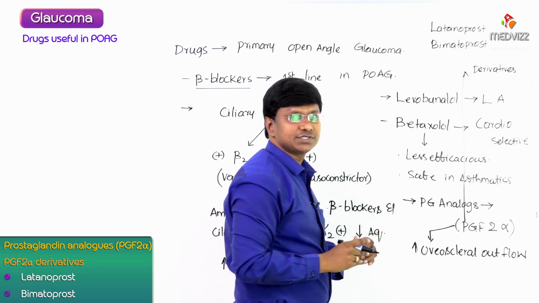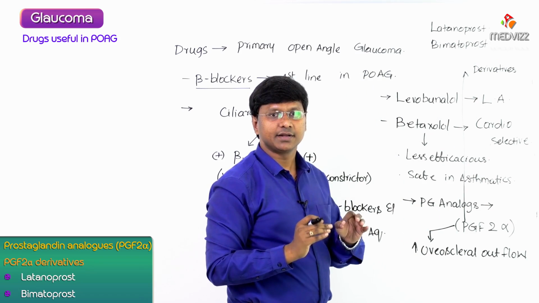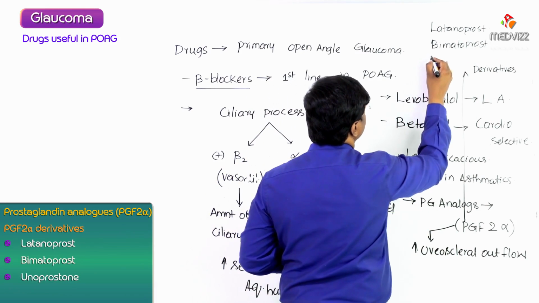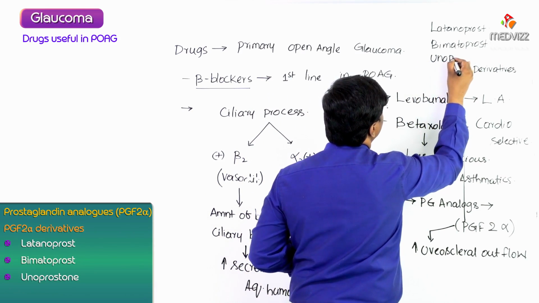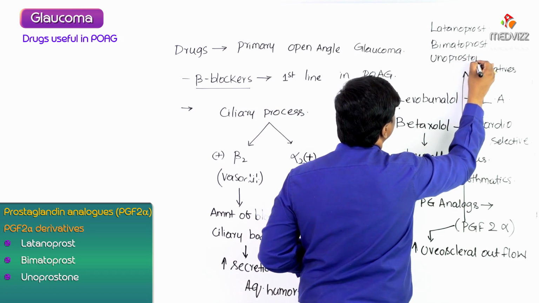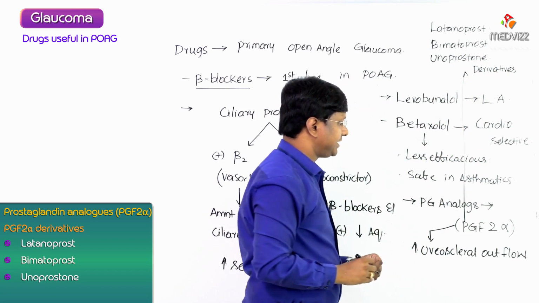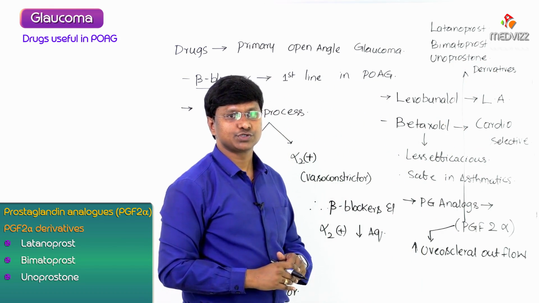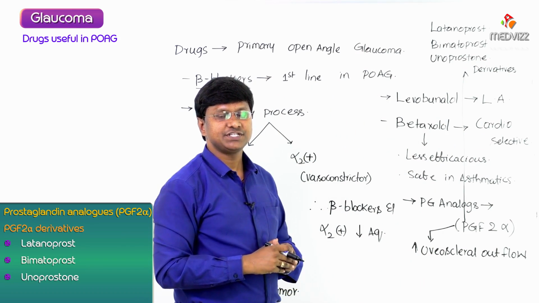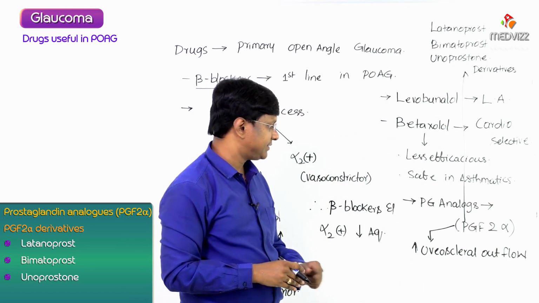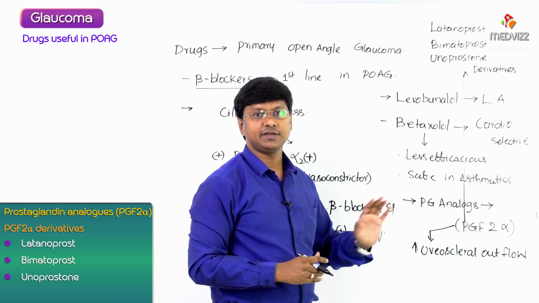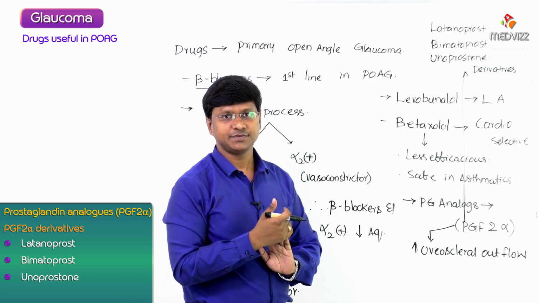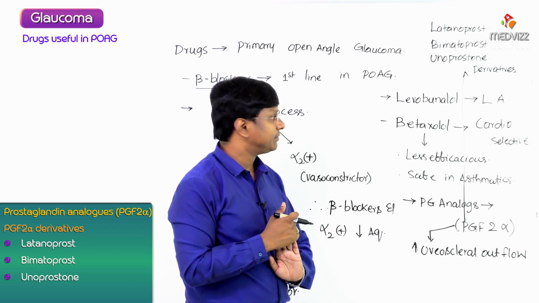and the other drug is unoprostone. So these are the PGF2 alpha derivatives which are used in the treatment of glaucoma.